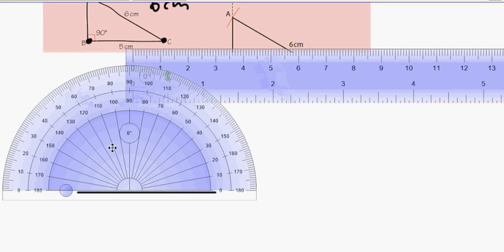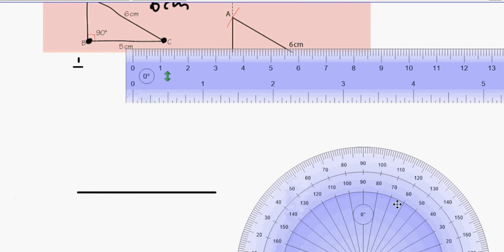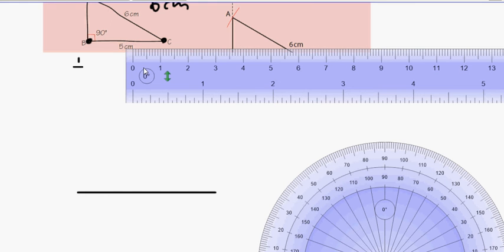Go to the angle B. Measure off 90 degrees. Okay, dead center there. Move off with the protractor. Okay. Now, we're going to draw a line going straight up through this point. We don't know how long to make the line. I have no idea how long to make this line. Just going to make it reasonably long.